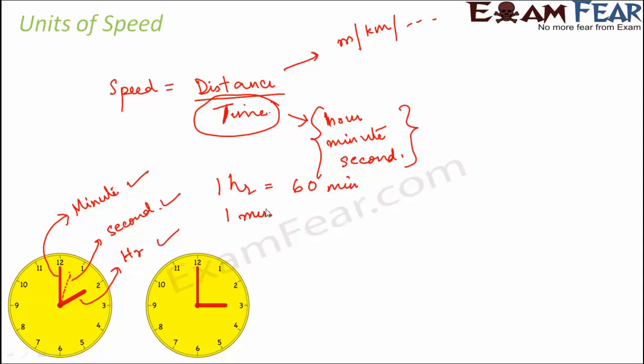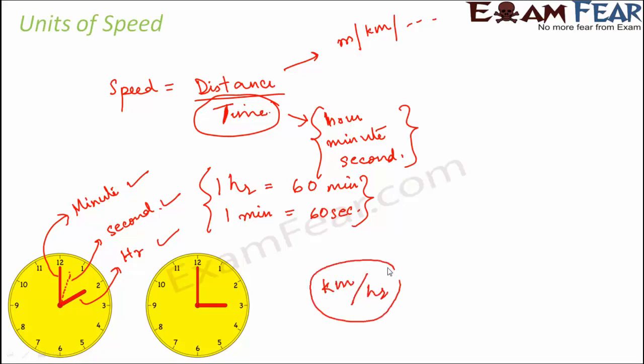And 1 minute is equal to 60 seconds, right? So now these are the three possible units of time. So therefore, the commonly used units of speed are kilometer per hour or meter per second. These are the most commonly used units of speed, and we can interconvert the units. Like we can convert meter per second to kilometer per hour.